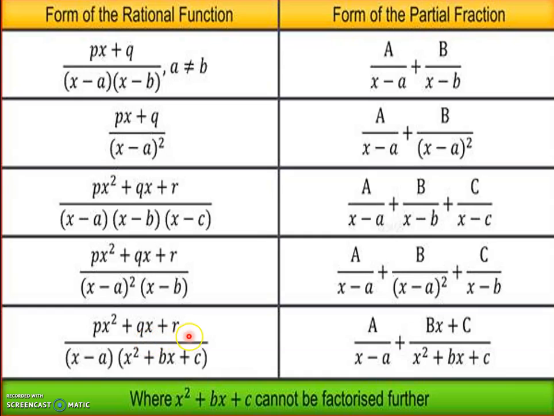(px² + qx + r) upon (x - a)(x² + bx + c) equals A upon x minus a plus (Bx + C) upon (x² + bx + c). Observe that this quadratic does not have a real factor, since x² + bx + c cannot be factorized further.